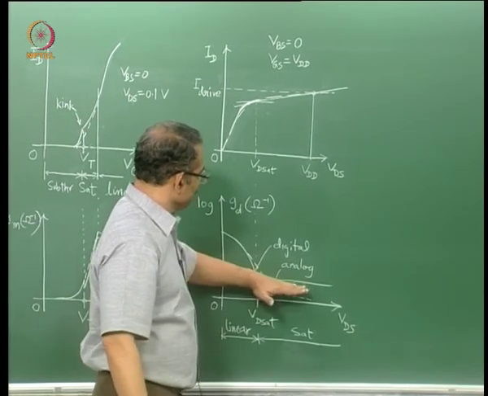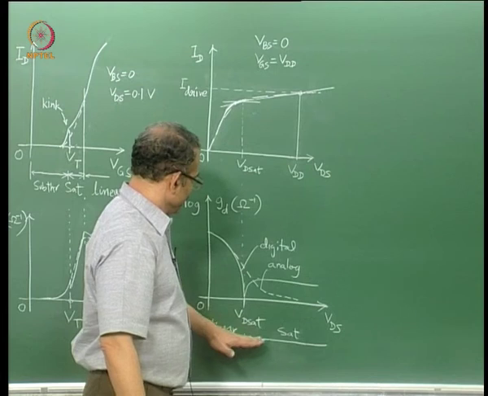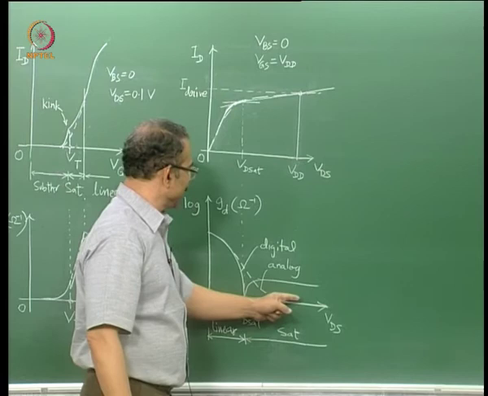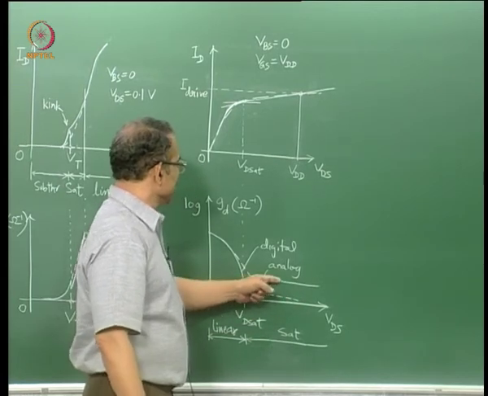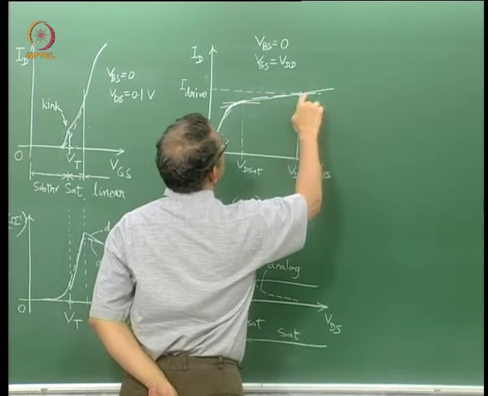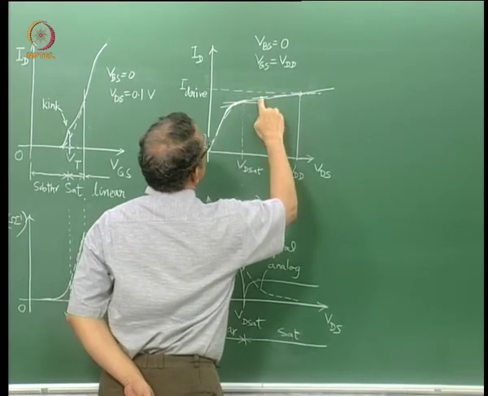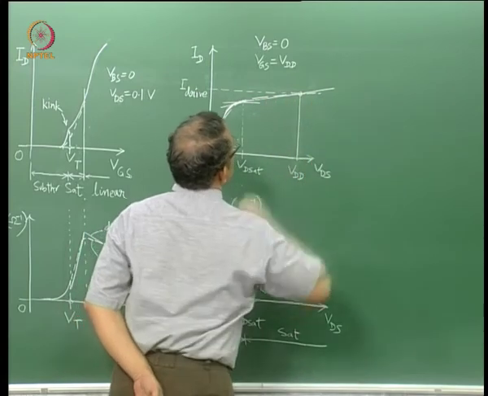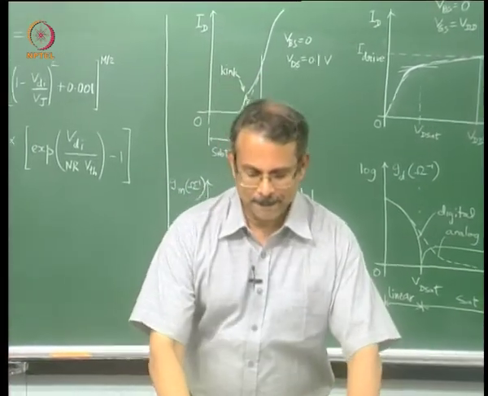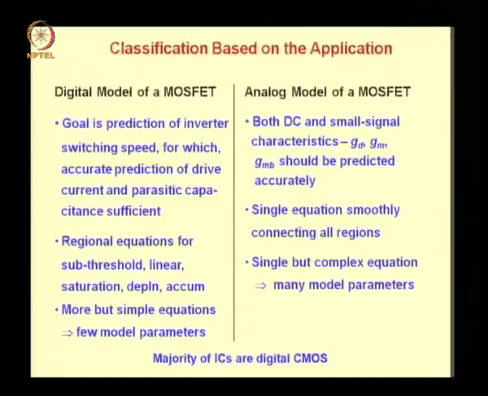And you can see that in the saturation region the conductance is not going to 0 as in the analog model, but is saturating at a constant value, because the slope of this line in the digital model is the same, it is a straight line, whereas in the analog model you can see that progressively the slope is approaching 0. Majority of the ICs are digital CMOS, and therefore digital models are widely prevalent.